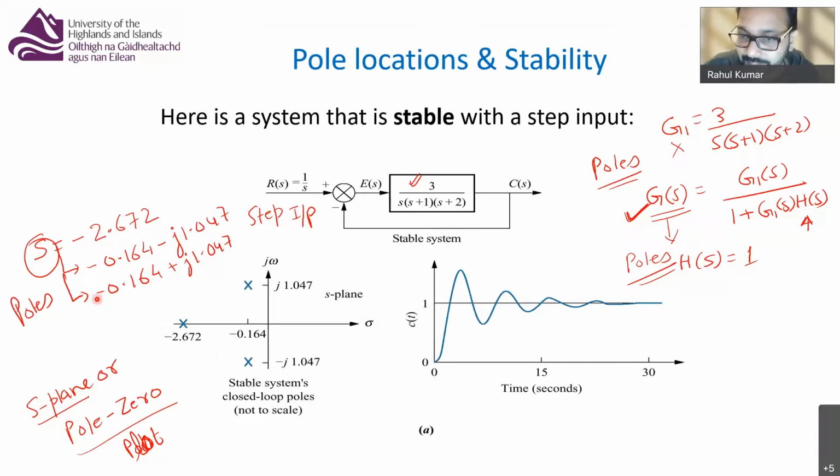So in this case, my system will be stable, and this would be your expected output. Initially you may have some overshoot followed by some oscillations, but after some time your output will become stable and it will be steady around your desired output.